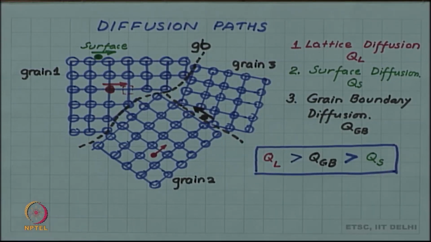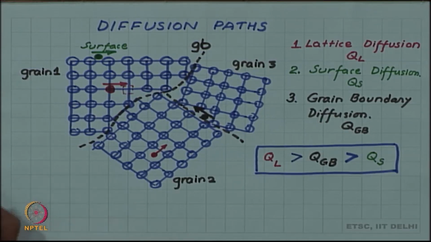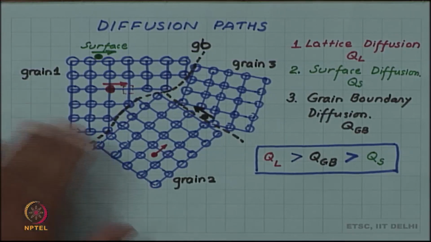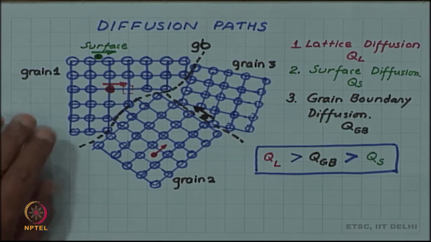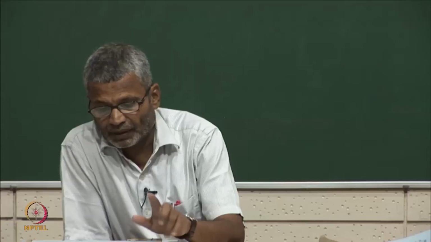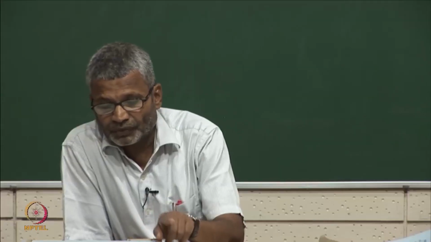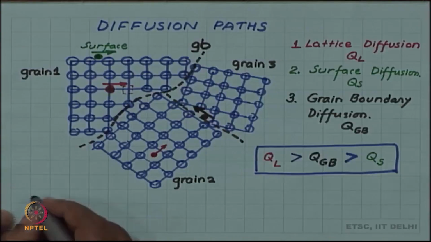We will not go into the details of all these processes. We have mainly discussed lattice diffusion, but for completeness' sake we wish to mention that these other paths, like diffusion along grain boundary or diffusion along surface, are also possible. In fact, if the crystal has dislocations, which we have seen in our defect chapter, then diffusion may happen along dislocations also.